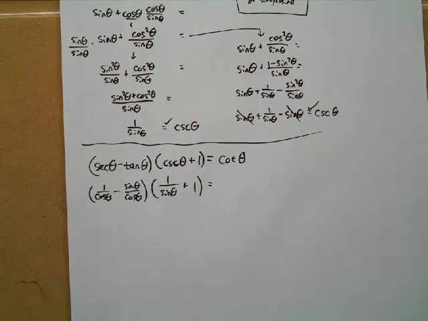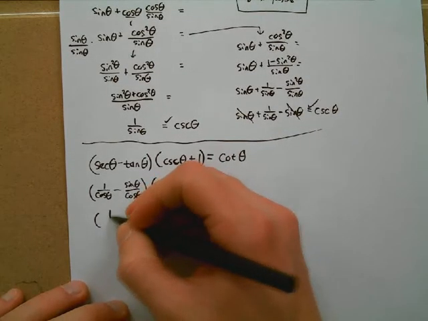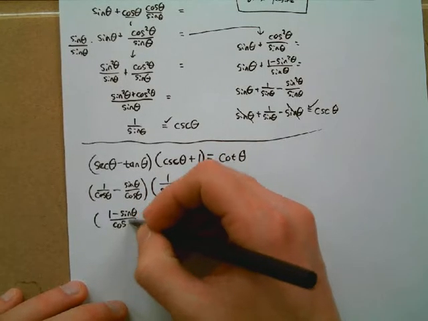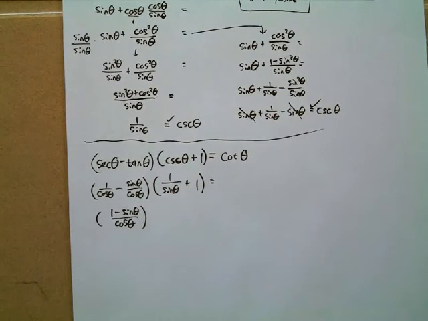So let's rewrite this as 1 minus sine theta over cosine theta. Now in the second term there, we don't have common denominators, right? But we could get it, right? We could make that 1. So let's go ahead and just do that. I'm going to rewrite it here so I can save some space.